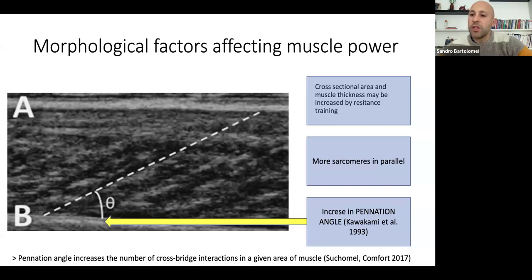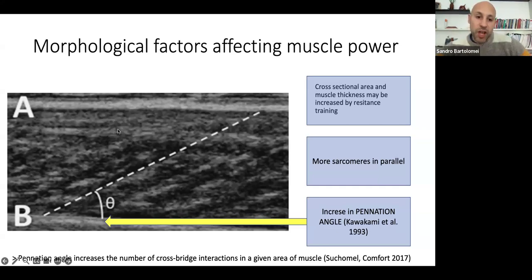Because what we measure, typically perpendicular to the fascia and the aponeurosis, is the anatomical cross-sectional area, while the physiological cross-sectional area takes into account also the pennation angle. Okay, so if the pennation angle is increased, then the physiological muscle thickness is more elevated.